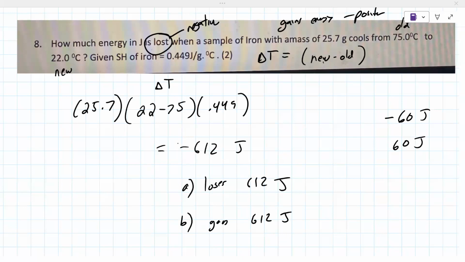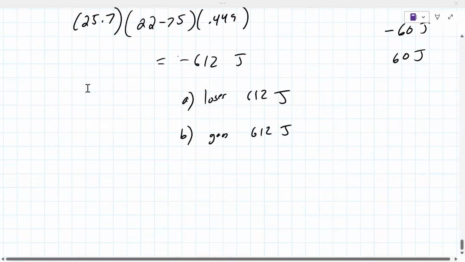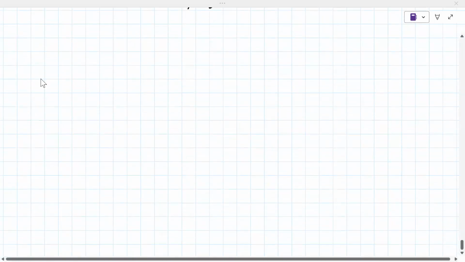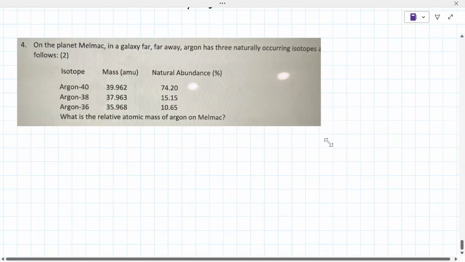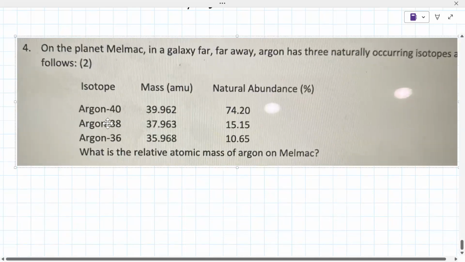All right. On the next set of questions here, 4 and 5 are the only ones that we can do. So let's do number 4. There's a lot of information you don't care about.